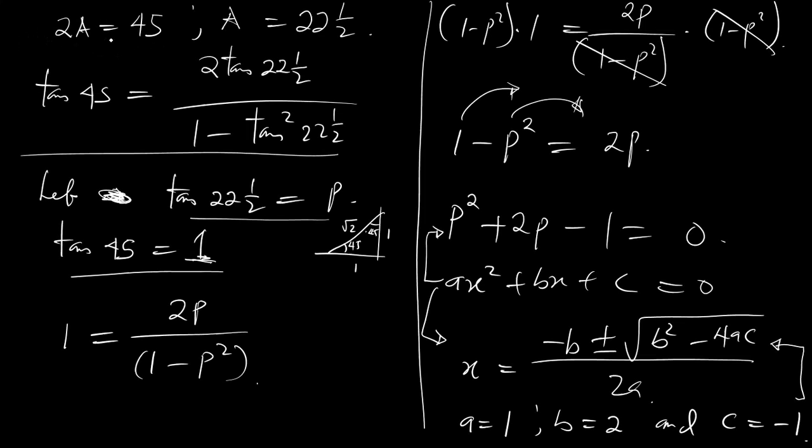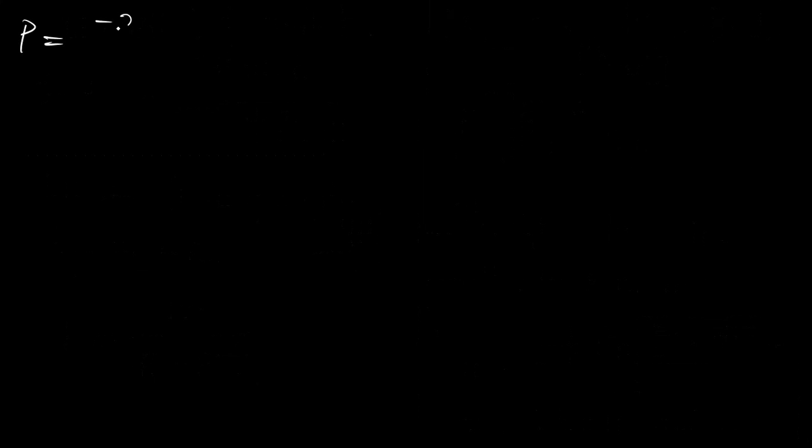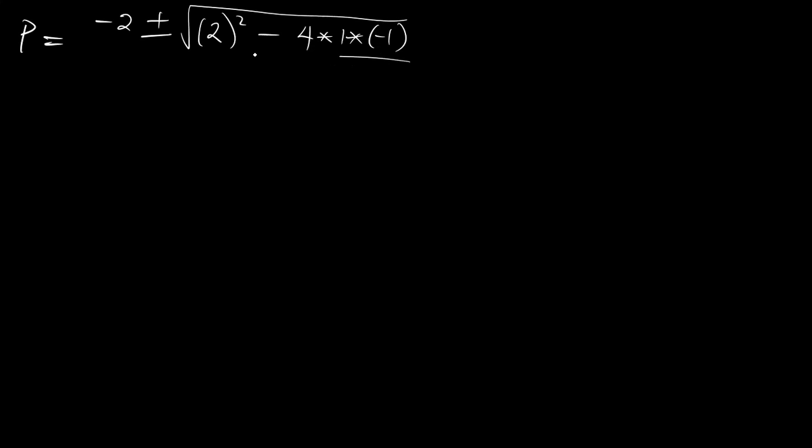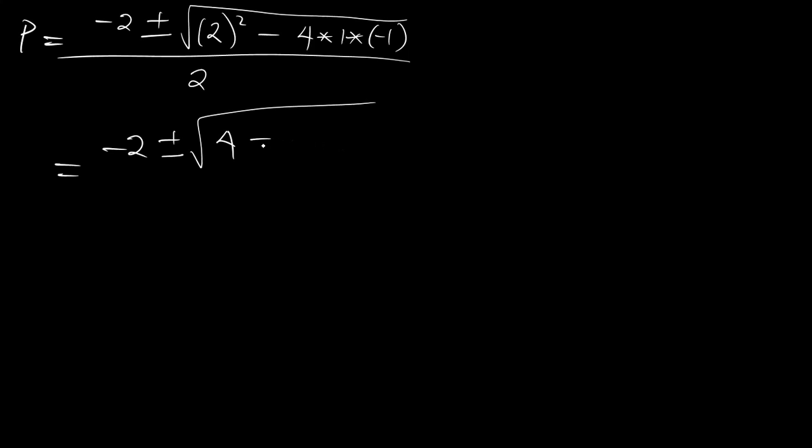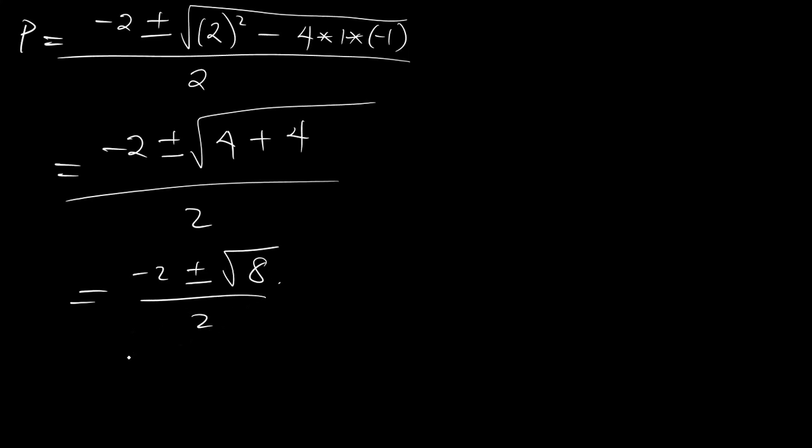So now let's substitute these values of the constants into this equation. We now have p equal to minus 2 plus or minus the square root of 2 squared minus 4 times 1 times minus 1, divided by 2. So you now have minus 2 plus or minus the square root of 4 plus 4, divided by 2. So we have minus 2 plus or minus the square root of 8 all over 2.